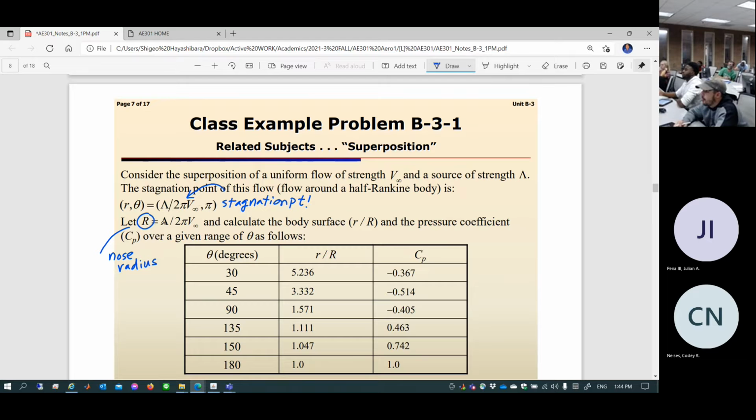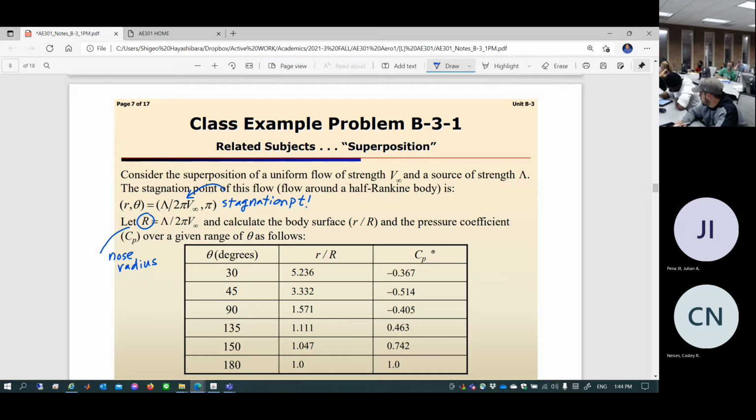Capital R is this value. If you take the ratio of r over R, what does that represent? This is the body shape as a function of r and theta, normalized by the nose radius. That's what it means.